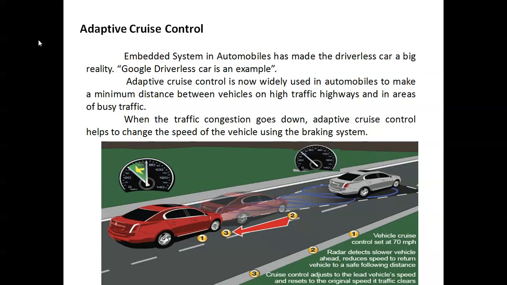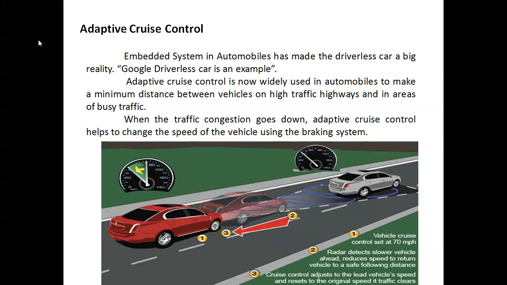In case the front vehicle puts on the brake, to avoid a collision, the car will slow down automatically. Adaptive cruise control is used for traffic.